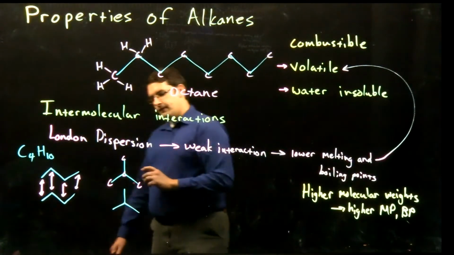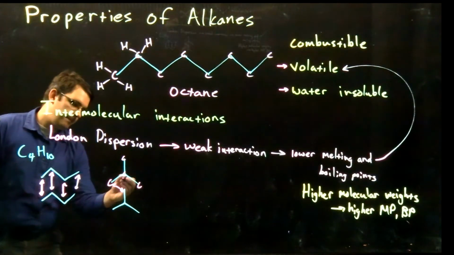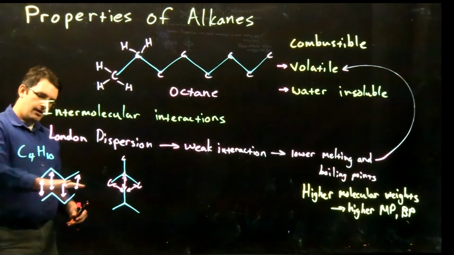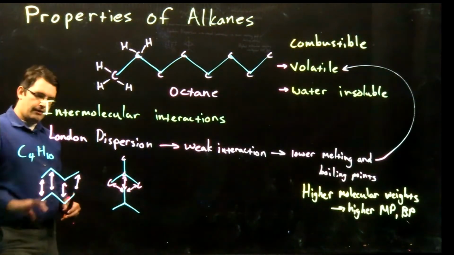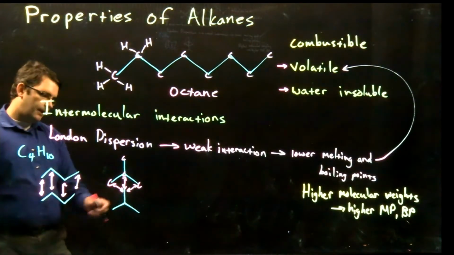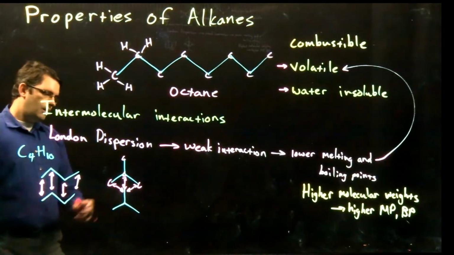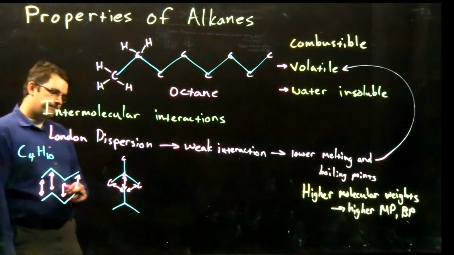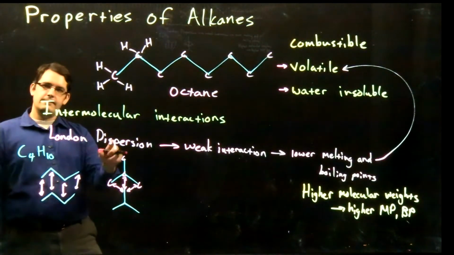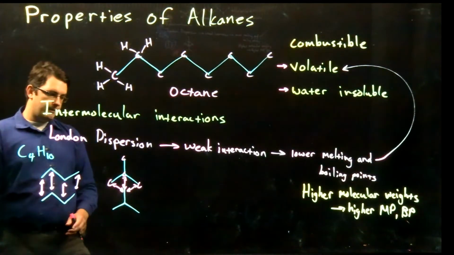But if we compare our molecules again and look at the London dispersion interactions, we can see as we place our molecules next to each other, we can have our interactions all along the chain of our butane, whereas here our molecules are a lot harder to pack together and get as many interactions with our branched 2-methylpropane molecule. So our branched molecule is harder to pack together, and that means it's harder to get as many London dispersion interactions between our atoms here.